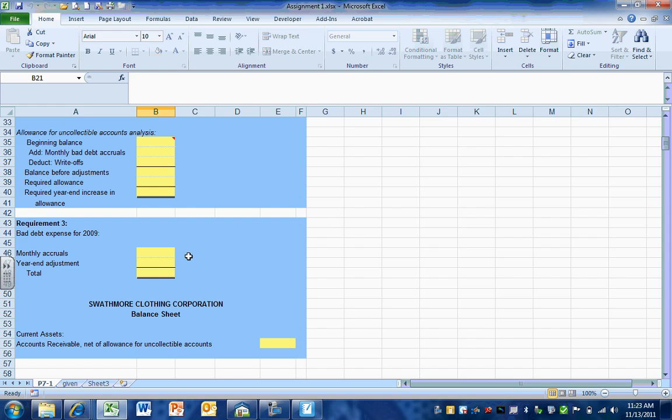For number 3, you're going to look at the bad debt expense that has been accrued throughout the year. You did that up in requirement number 1. You're going to look at the adjustment that you made in requirement 2 using the balance sheet approach, and that will give you the total bad debt for the end of the year. The bad debt at the end of the year does not have to equal the allowance for doubtful accounts. Finally, you're going to present the net amount of accounts receivable.